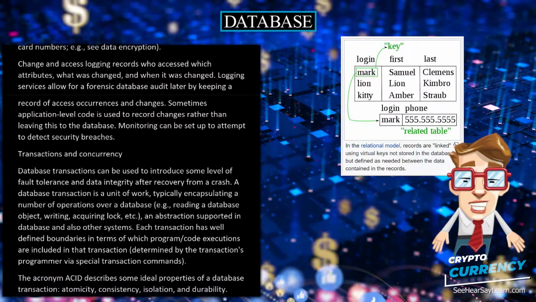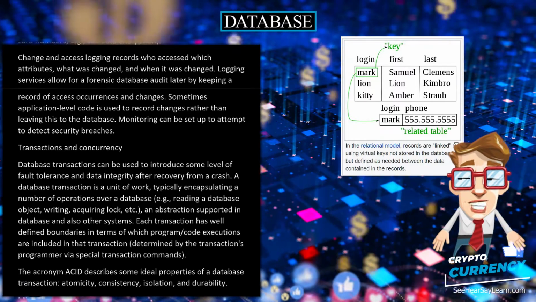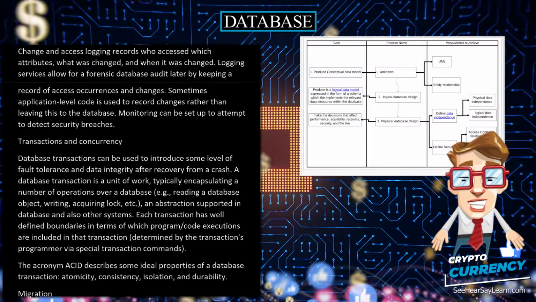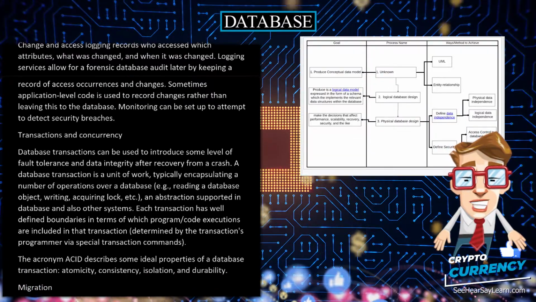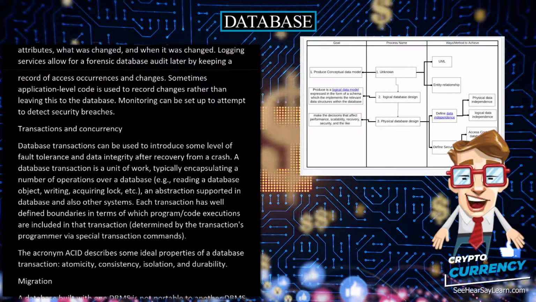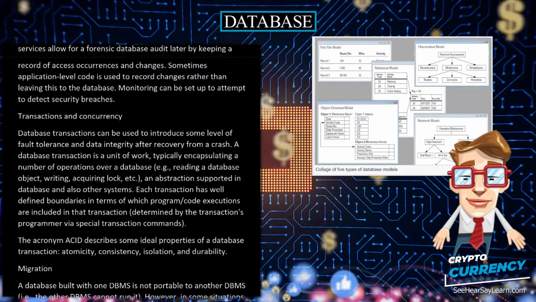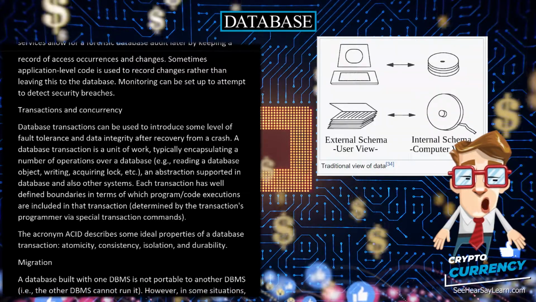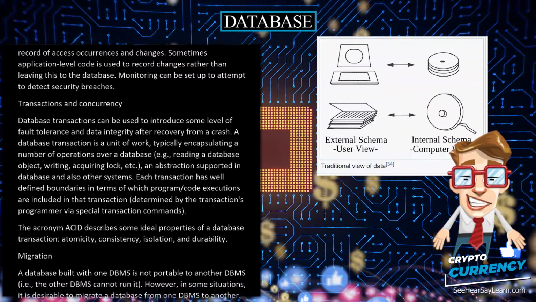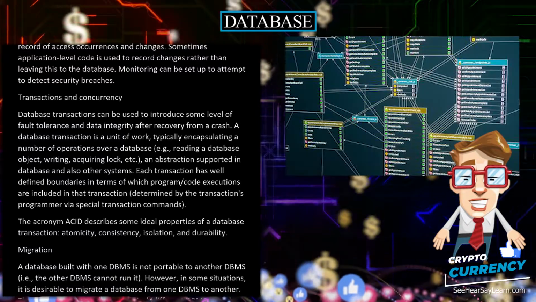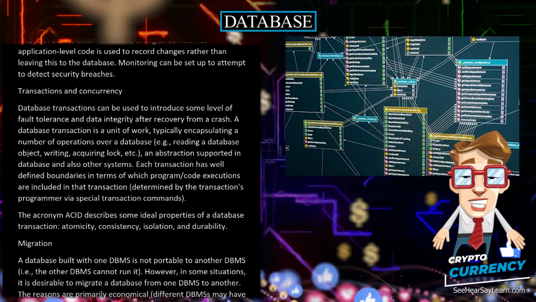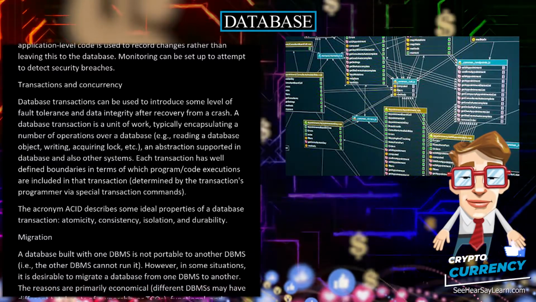Each transaction has well-defined boundaries in terms of which program/code executions are included in that transaction, determined by the transaction's programmer via special transaction commands. The acronym ACID describes some ideal properties of a database transaction: atomicity, consistency, isolation, and durability.